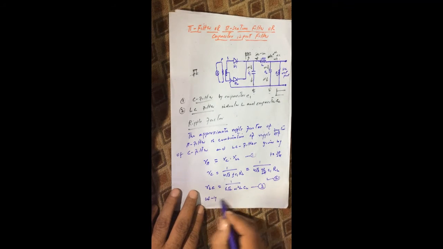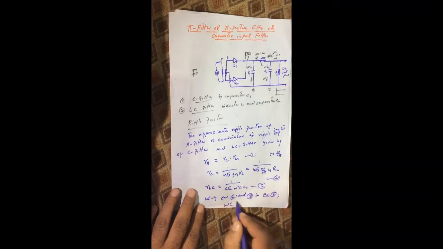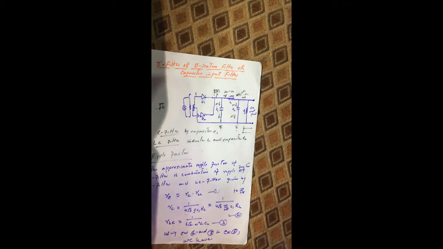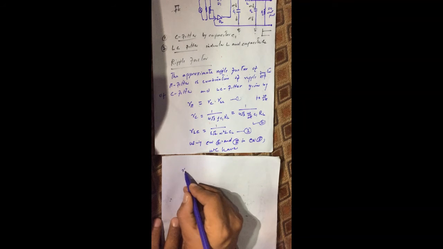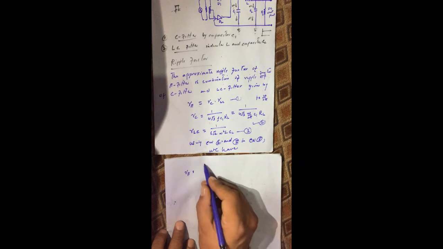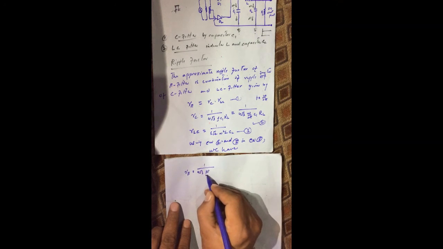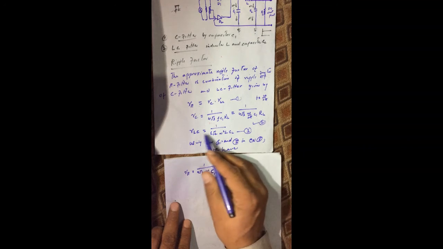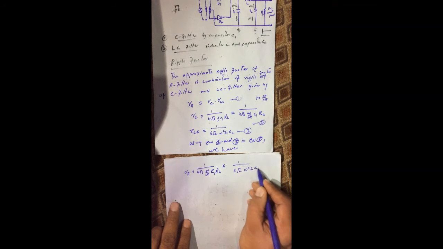Now using equations 2 and 3 in equation 1, we get the ripple factor of this pi filter, which is equal to the ripple factor of the capacitor, 1 over 4 square root 3 times omega over 2 pi times C1 RL, times the ripple factor of this LC filter, which is 1 over 6 square root 2 omega square L C2.